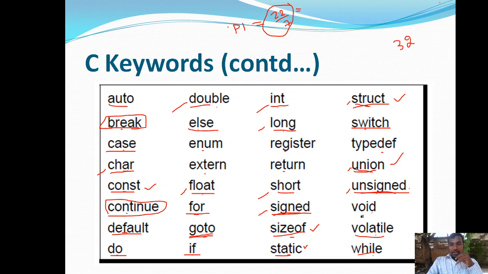Coming to void, it is a return type, generally used along with a function. If a function's return type is void, it doesn't return anything to the compiler.